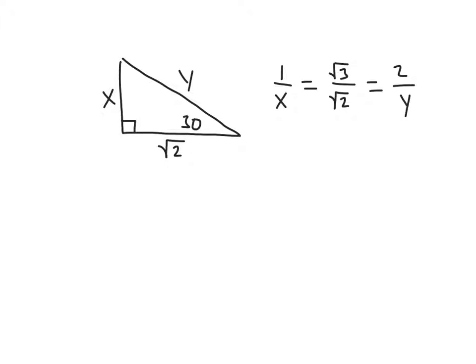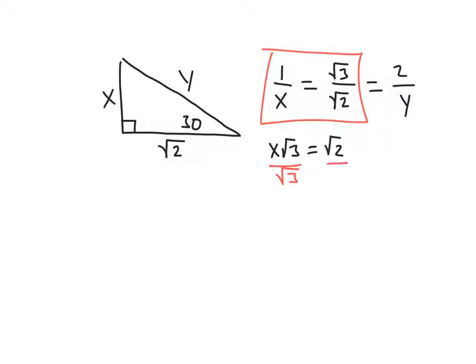So, if I go ahead and grab a proportion, cross multiply, I get x times the square root of 3 equals the square root of 2. And so I now divide by the square root of 3, which, by the way, is the shortcut. If you're going to go from the long leg back to the short leg, you're going to divide by the square root of 3.